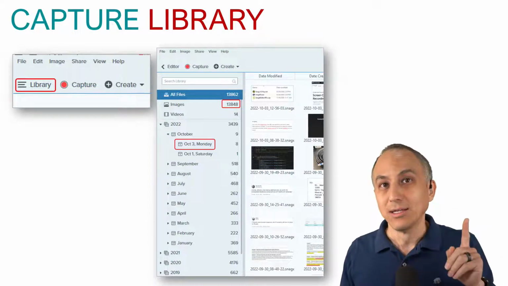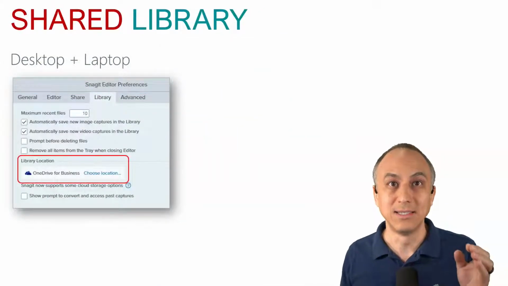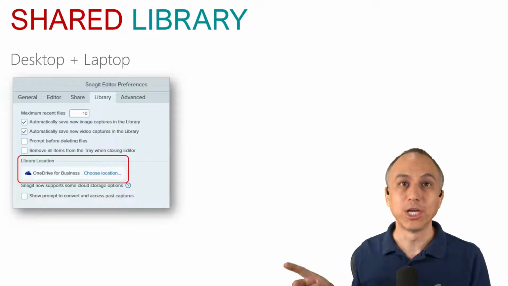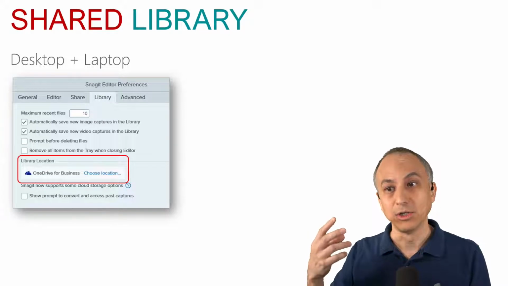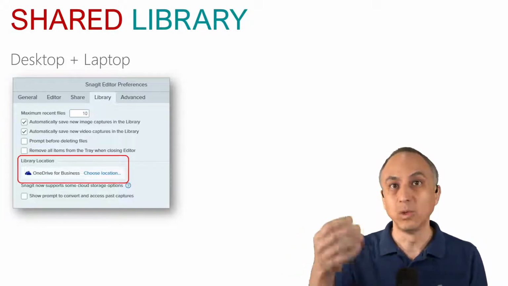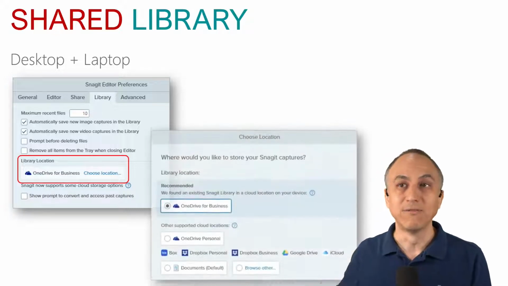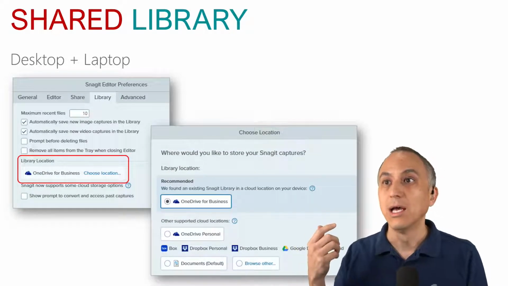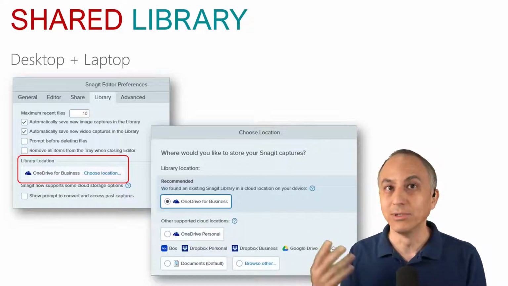But TechSmith are clever folks, and so they realized this concern, and you can now choose a shared library or a cloud library such that your library will be synced with, say, a OneDrive location. And you have several options for this: OneDrive for business, OneDrive personal, and Box, Dropbox, Google Drive, iCloud.